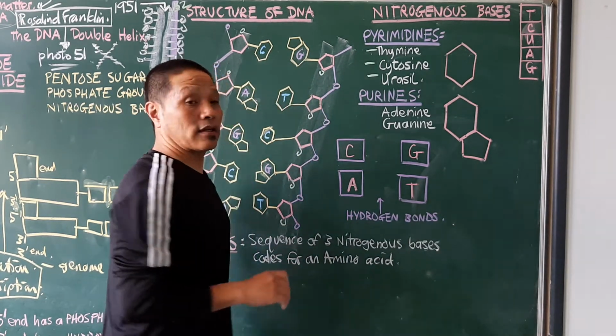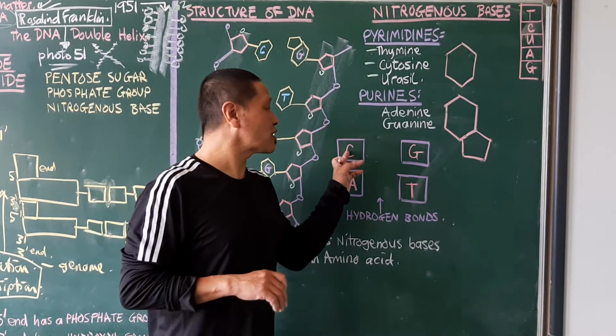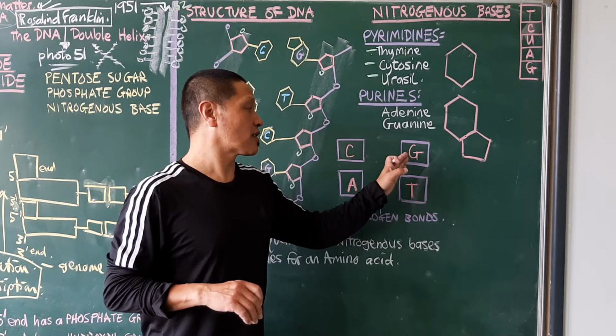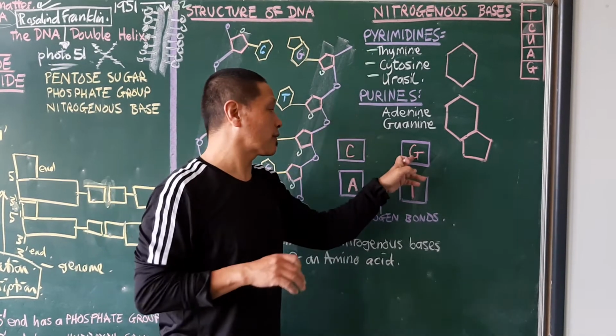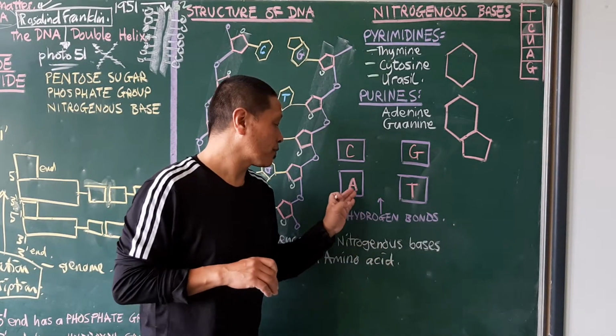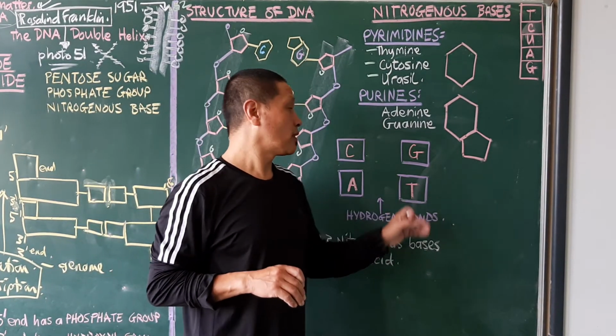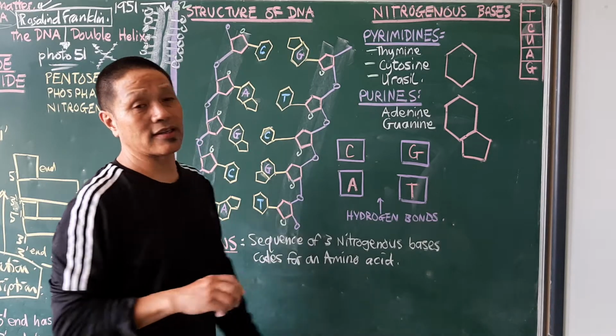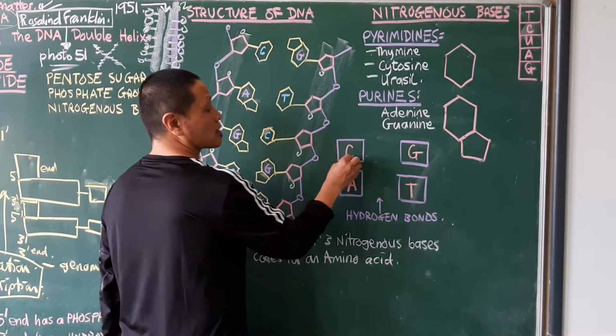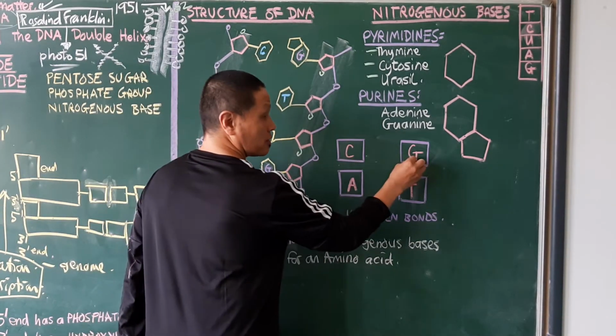Another thing to remember, cytosine always aligns itself with guanine, and adenine always goes with thymine. I gave you an example to remember: cars in a garage, CG.